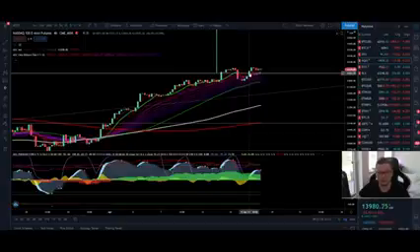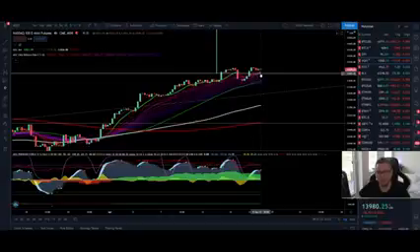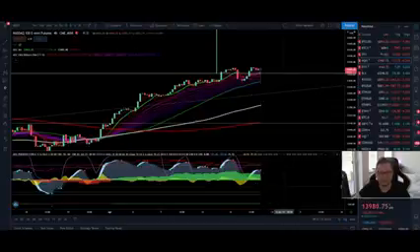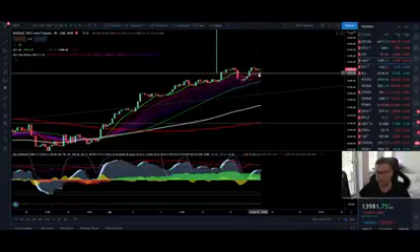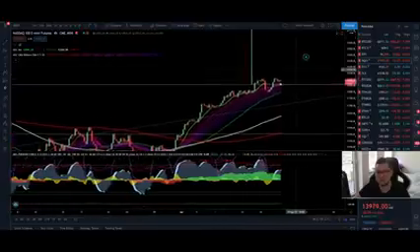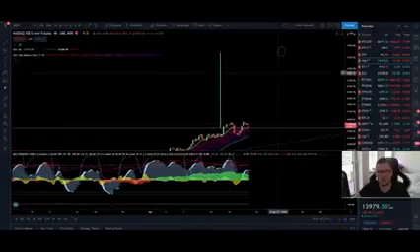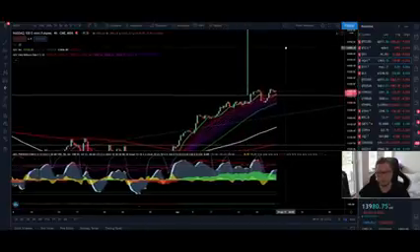So we created this support again, and now of course it is important that we keep up with this price level. Right now we have a sell signal in the 4-hour time frame, but if we are able to maintain $13,900 as a support and not close the 4-hour candles below this important price level, I think we're going to go to way higher levels here too, potentially even up towards our price target of around $15,000.